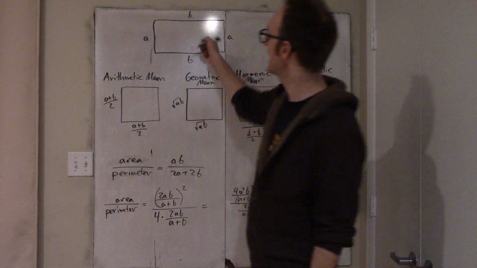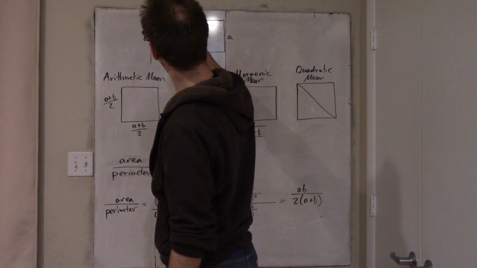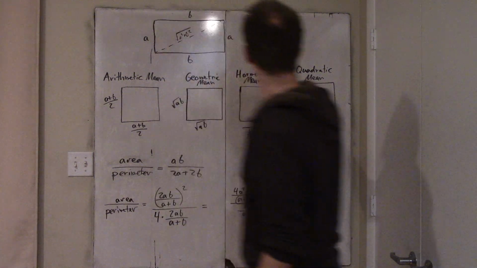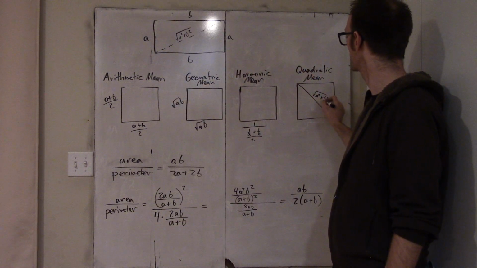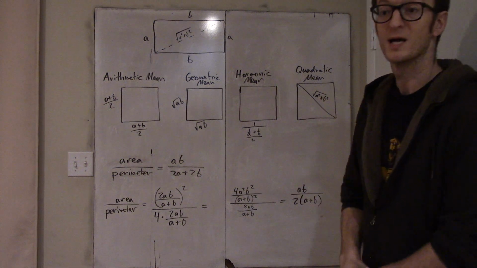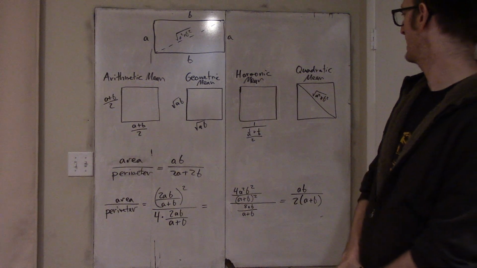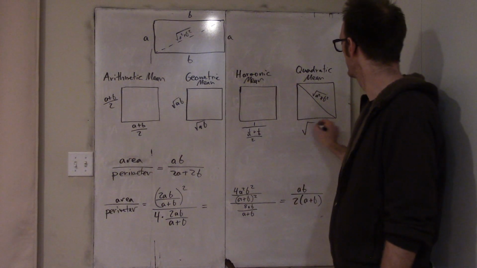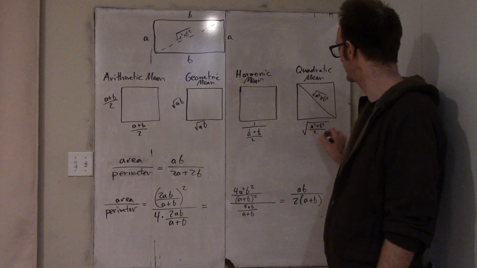The diagonal of a rectangle of side lengths A and B is of course going to be root A squared plus B squared. So what kind of square has that as its diagonal? I guess it's going to be root A squared plus B squared over 2.